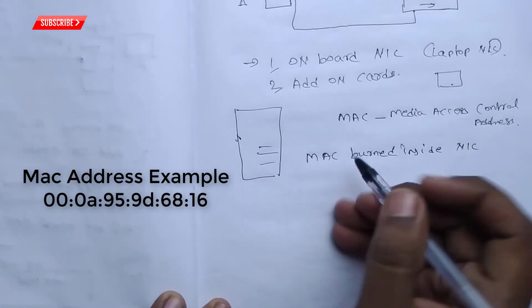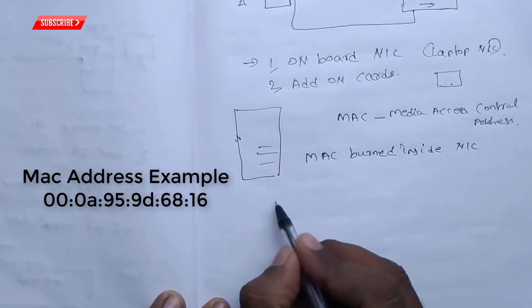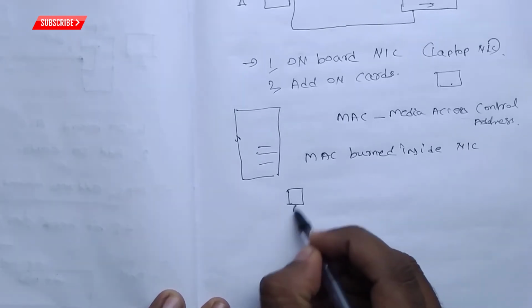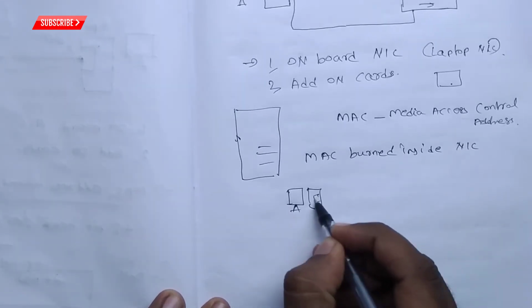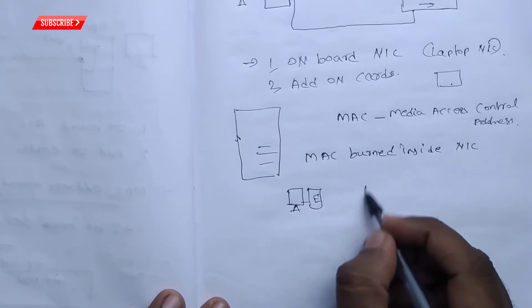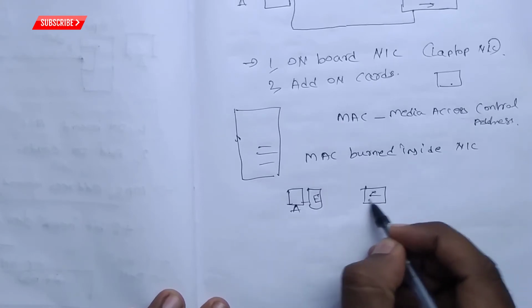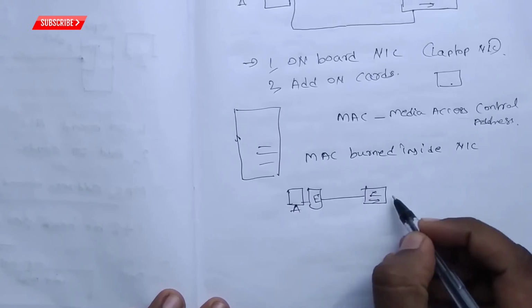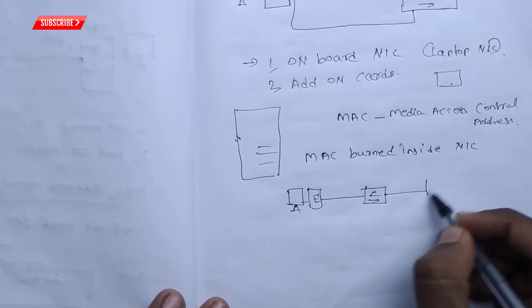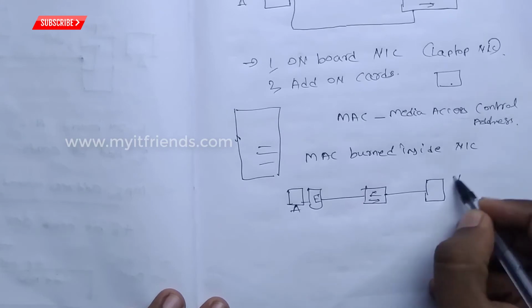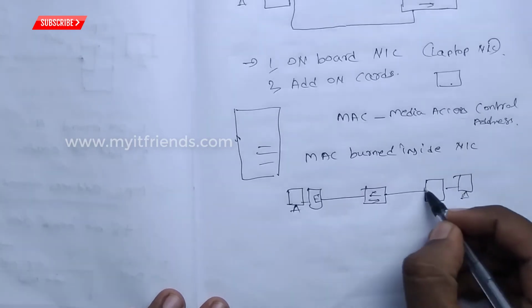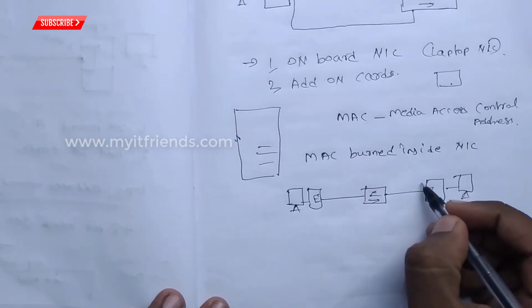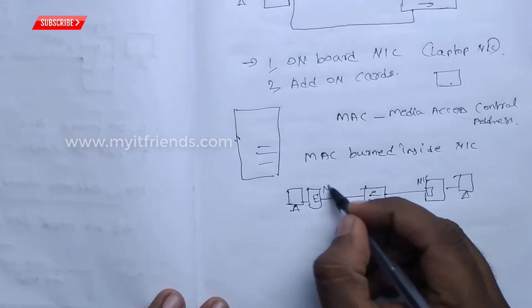So the computers are connected. Imagine a switch, and a LAN cable comes from this computer, and another goes to another CPU, and the NICs are connected.